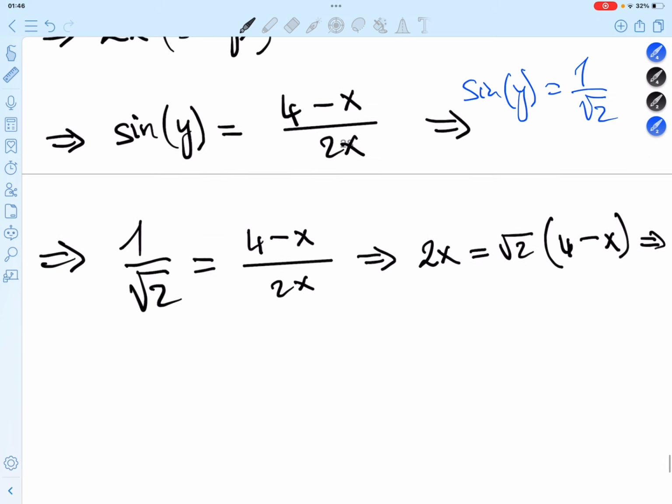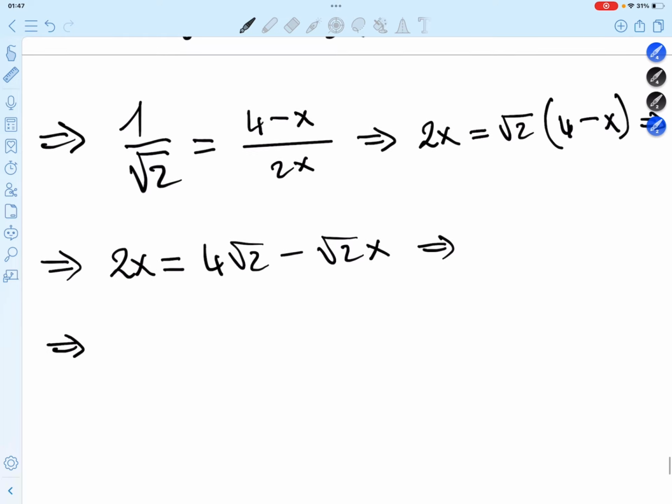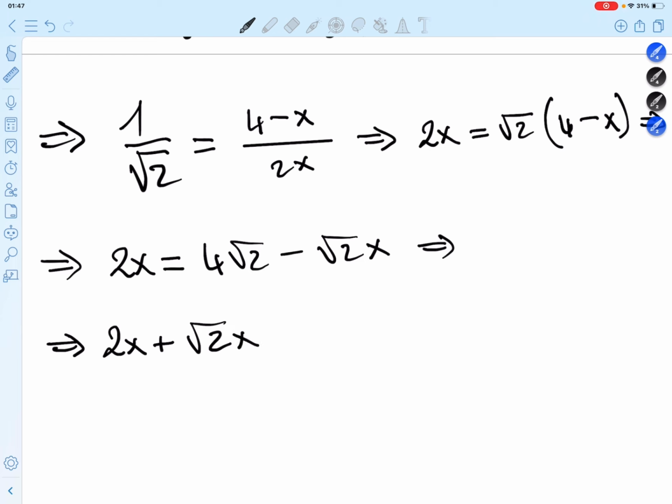Now we can expand the right hand side, so 2x is equal to square root of 2 times 4, so 4 square root of 2 minus square root of 2 x. Now we can put the like terms on one side, so 2x plus root 2 x is equal to 4 square root of 2.